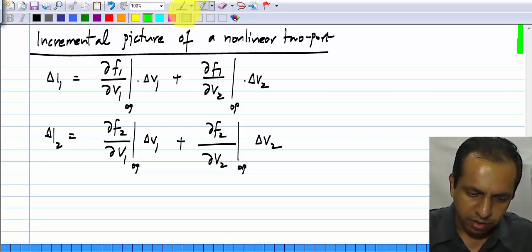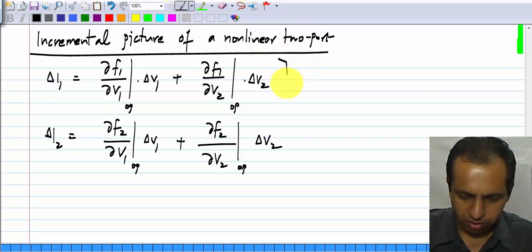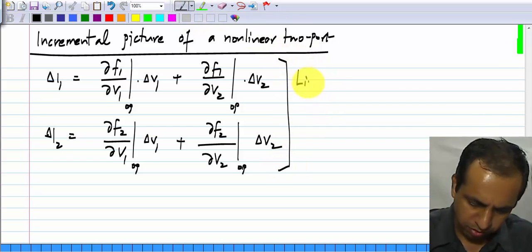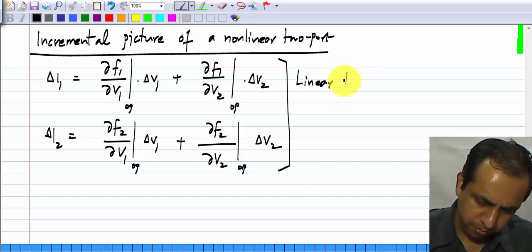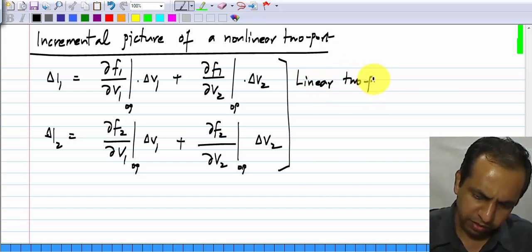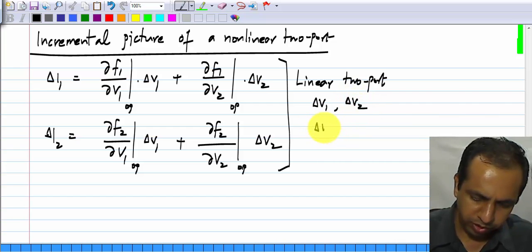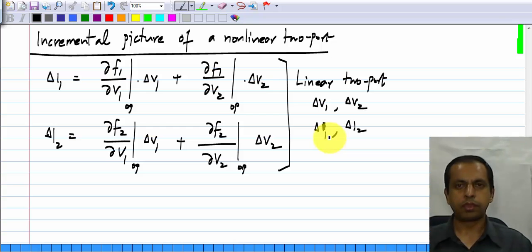Now, of course, I am sure all of you are familiar with this set of equations. What is this? After all, this whole thing is a linear two port with voltages delta V1 and delta V2 and port currents delta I1 and delta I2.